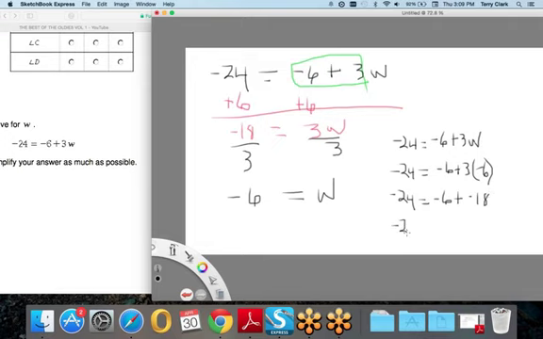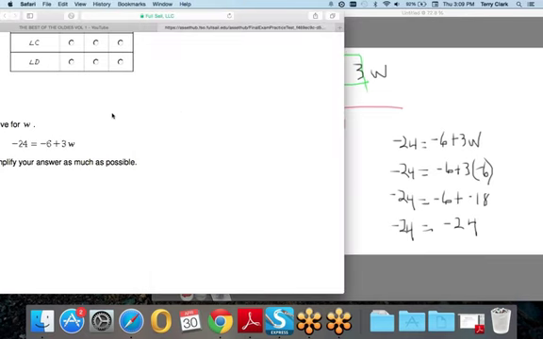And then when we finish up here, negative 6 plus negative 18 is negative 24. Okay, so the left side and the right side equal the same thing, which is negative 24, when W equals negative 6. So we verified and made sure that that answer was correct.